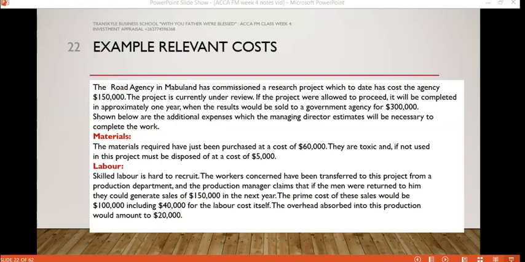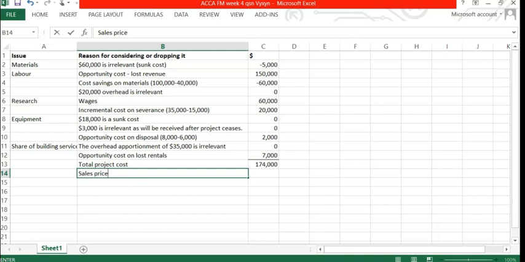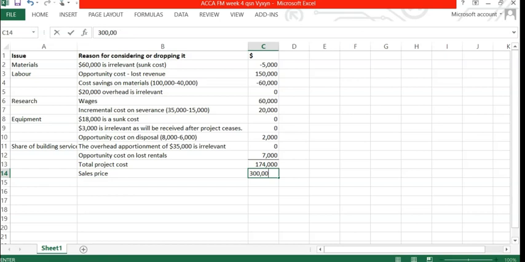Yes, it's written here. All right, yeah, that's the amount, 300,000.